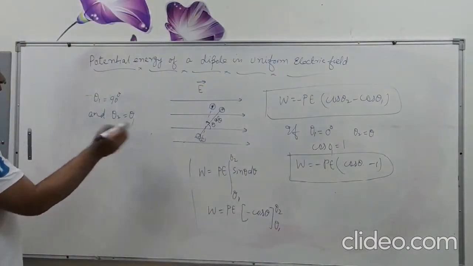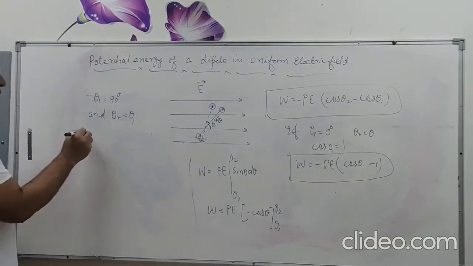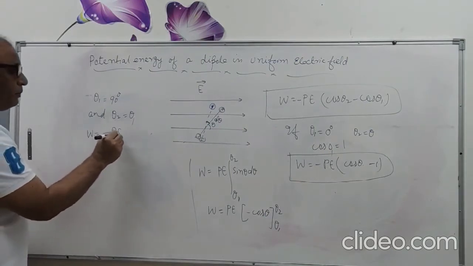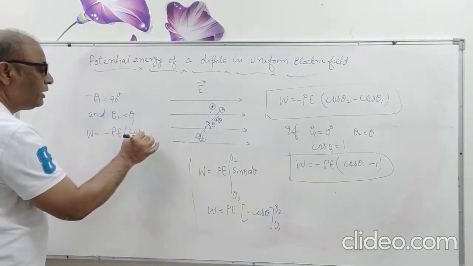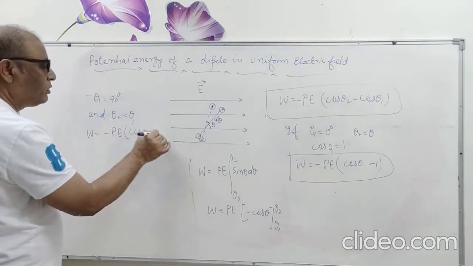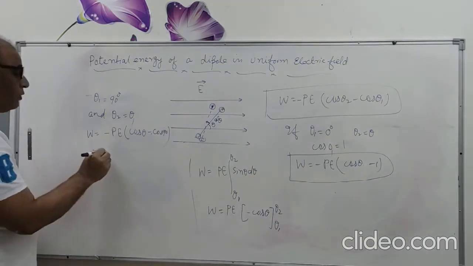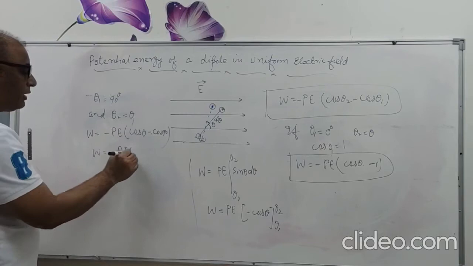So this equation becomes W equals minus PE cos theta minus minus PE cos 90.